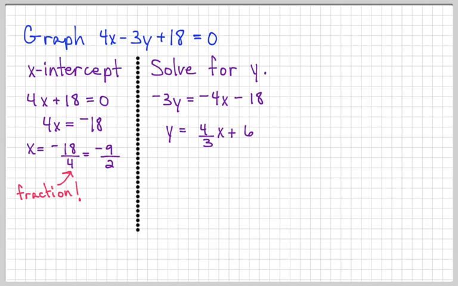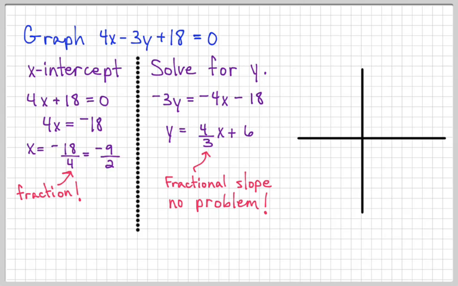So to graph this, I will use the y-intercept of 6, and I will use my slope 4/3 as rise over run. Now it's kind of not convenient for me here to go up 4 and right 3. So instead of going up and right, what I can do, remember, is go down and left.